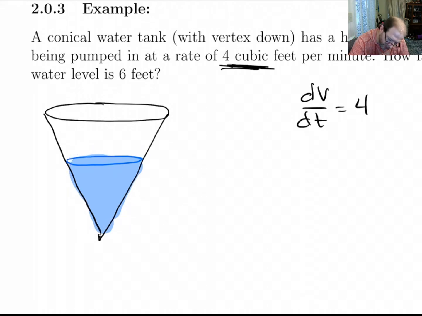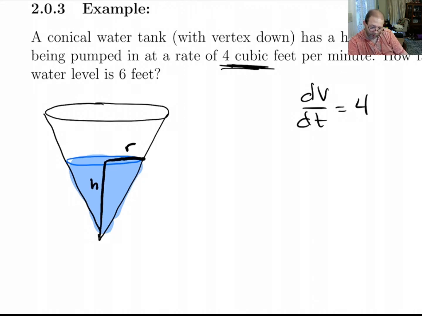The water itself, its radius is r and its height is h. So we need a formula for the volume of a cone. The formula for the volume of a cone is 1/3 pi r squared h.